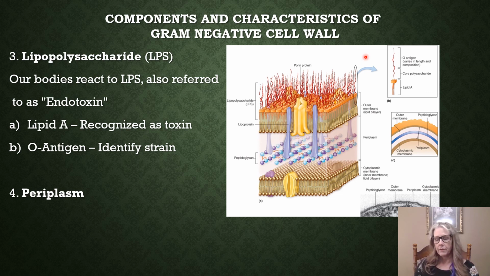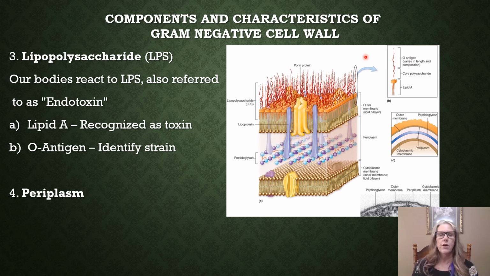Now, a few things about lipopolysaccharide. Our bodies will react to this lipopolysaccharide, and it's referred to as endotoxin. So when our bodies recognize it, it's recognized as a toxin. Now there are two major parts to lipopolysaccharide.